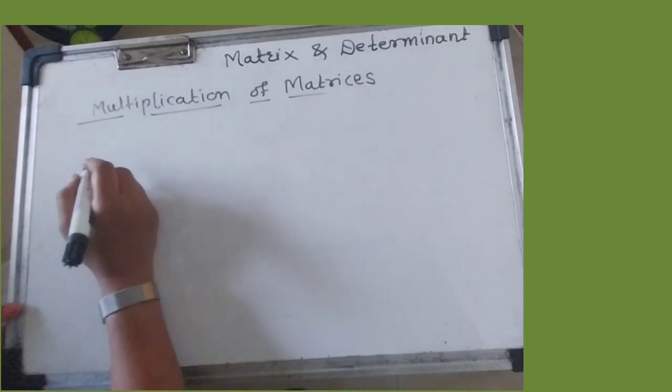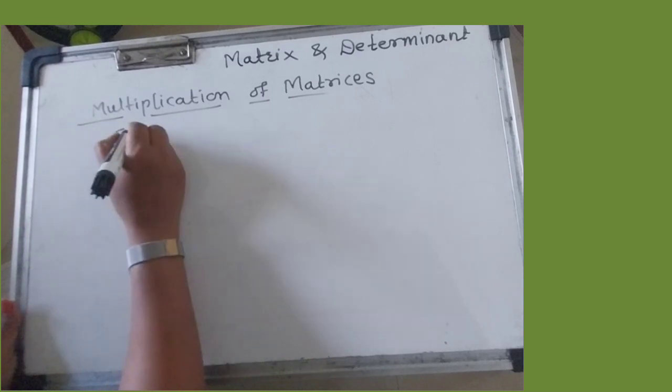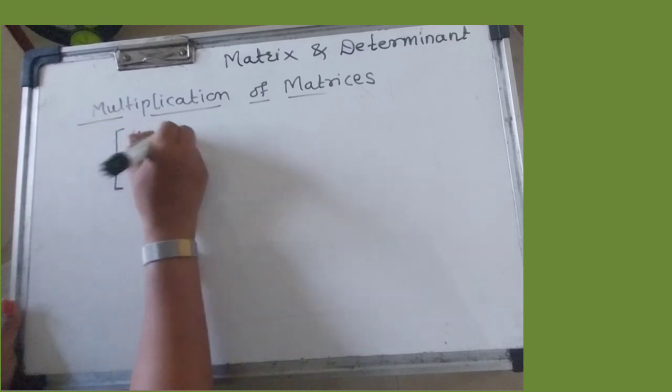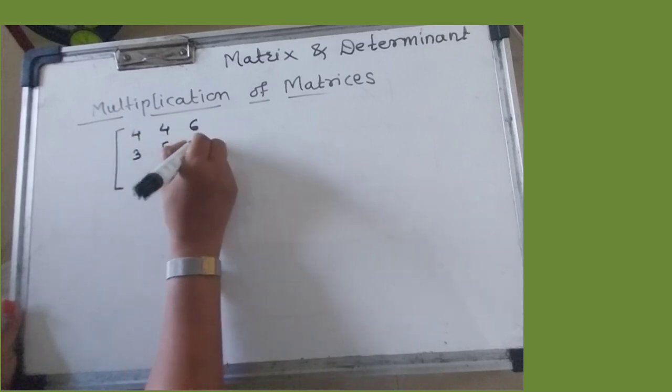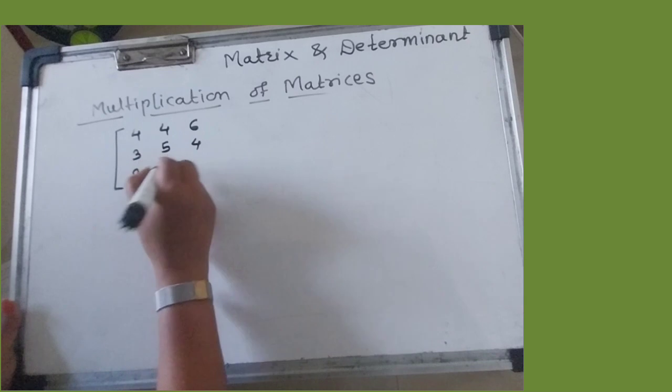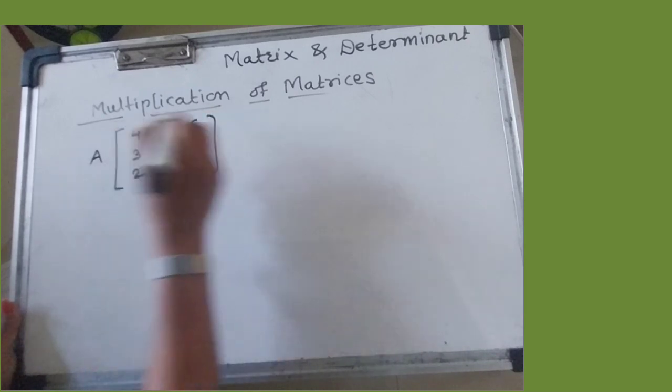We will take one more example for the multiplication. Okay. See, if this is 4, 4, 6, 3, 5, 4, 3, 2, 3, 3. This is A matrix.